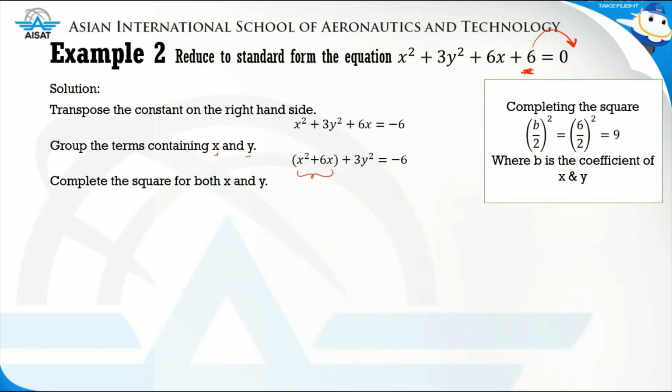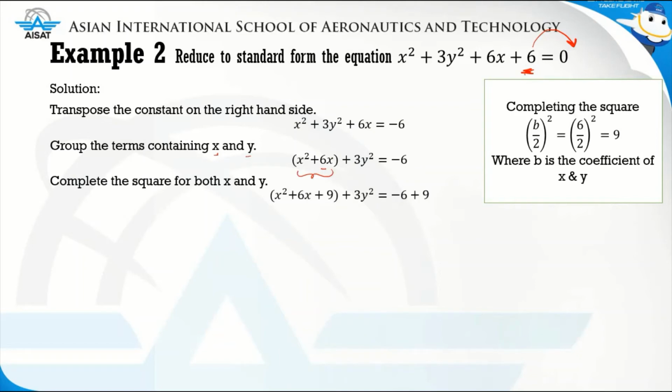So for our pattern, we have here b over 2 quantity squared. The value of our b is 6. So we substitute 6 in b, and we'll have 6 over 2 quantity squared. 6 divided by 2 is 3. Square that, we'll get 9. So we add 9 inside our group of x.